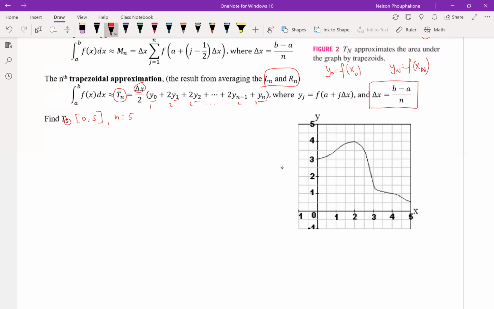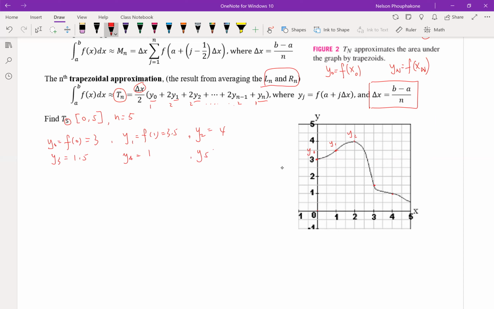Now y naught is f of 0, so y naught is equal to 3. y sub 1 is f of 1, which is 3.5. y sub 2 is 4. y sub 3 is 1.5. y sub 4 is 1.